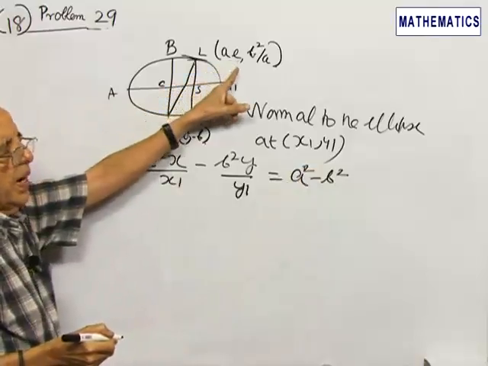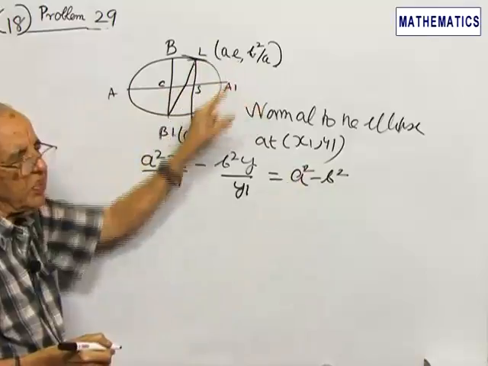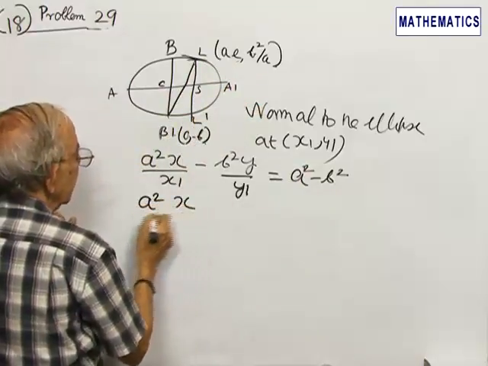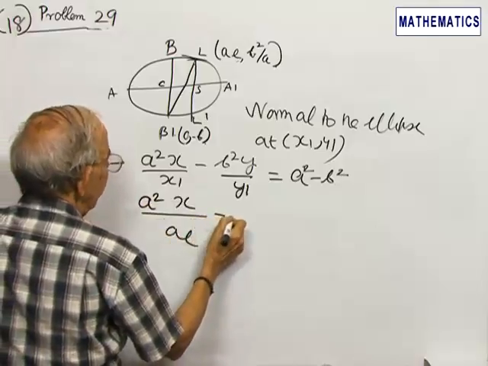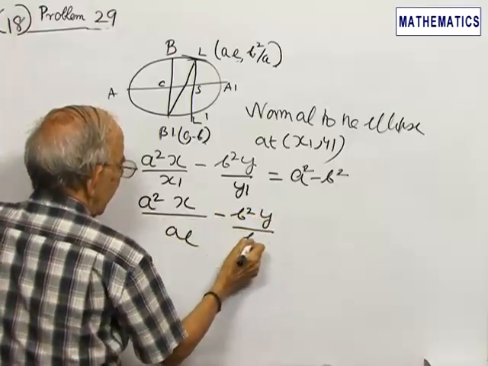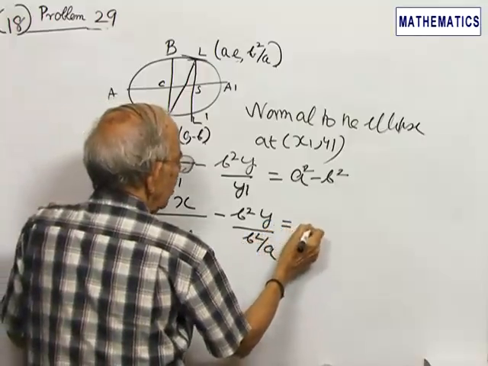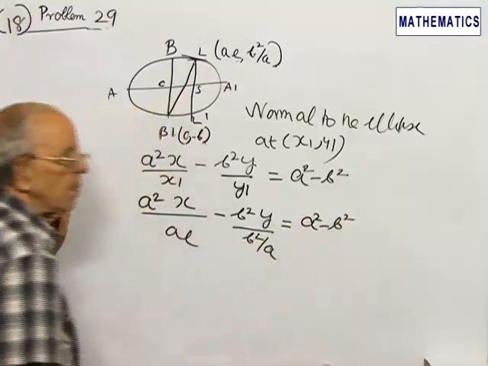Here x1 is ae, y1 is b squared by a. So a squared x by ae minus b squared y by b squared by a equal to a squared minus b squared.